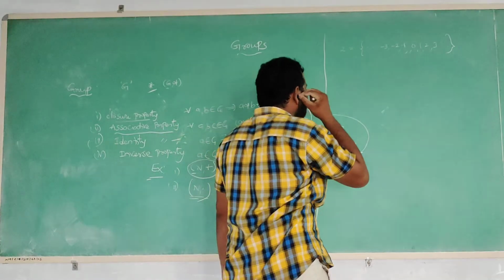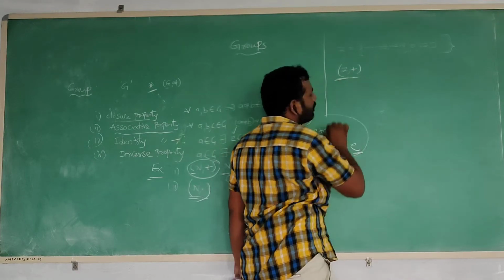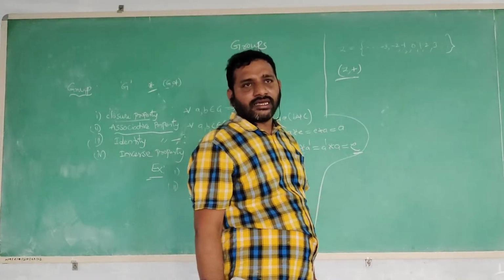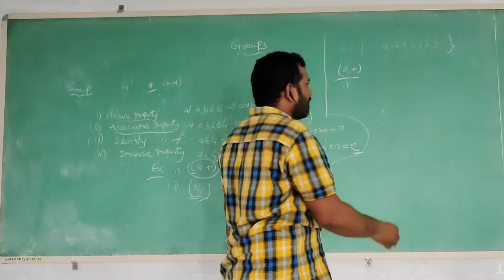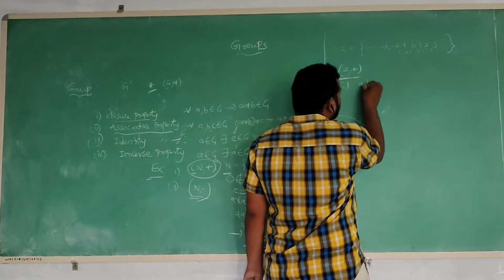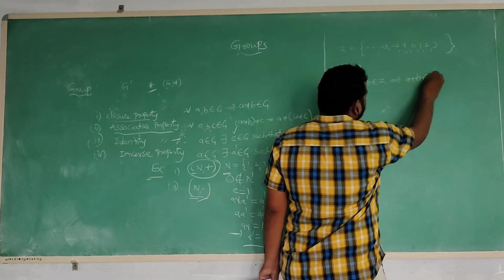The algebraic system (Z, +): is it a group or not? Now I want to test it. First, the closure property: we can take any elements a, b belongs to Z, that implies a plus b also belongs to Z.